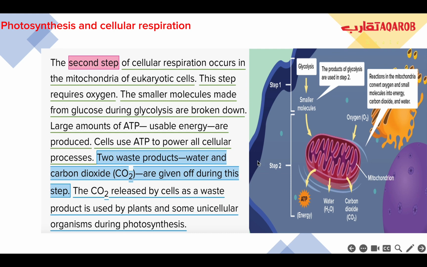The second step, in the mitochondrion, uses the smaller molecules from step 1 and oxygen to produce a larger amount of ATP, and two waste products. So what are the two waste products from step 2? Water and carbon dioxide. We know that carbon dioxide, the waste from this step, is used by plants and some unicellular organisms during photosynthesis.